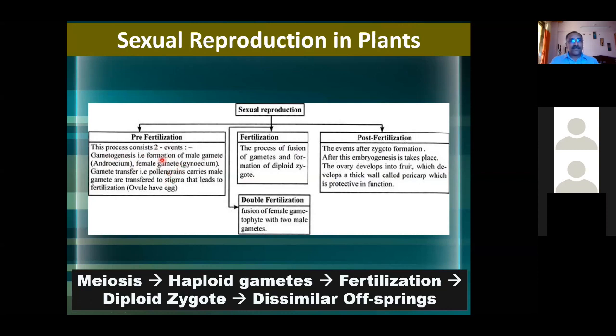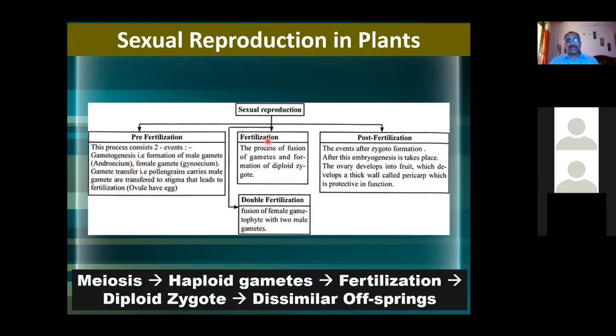Then once these gametes are formed, they have to be transferred. That is what is called pollination. Pollen grains carrying the male gamete are transferred to the stigma, where the female gamete is located. That means the female gamete, the egg, is located there in the ovule. So gametogenesis and gamete transfer, these 2 events are there in pre-fertilization.